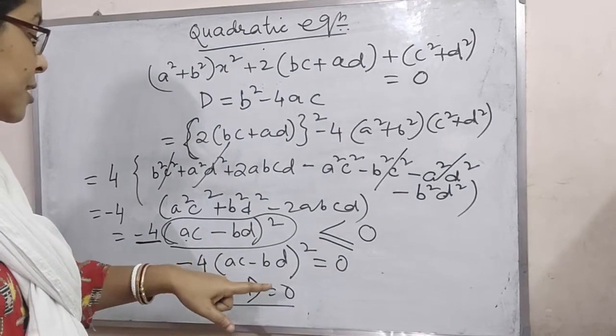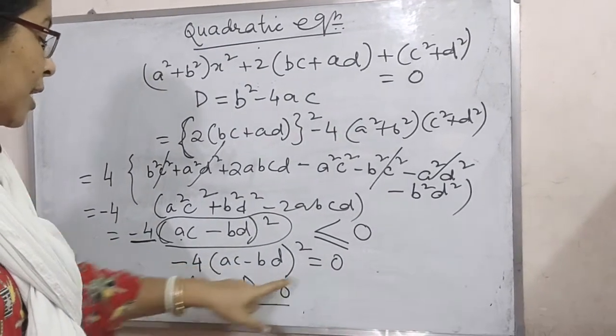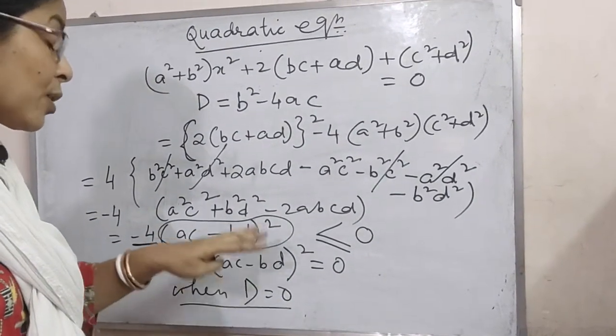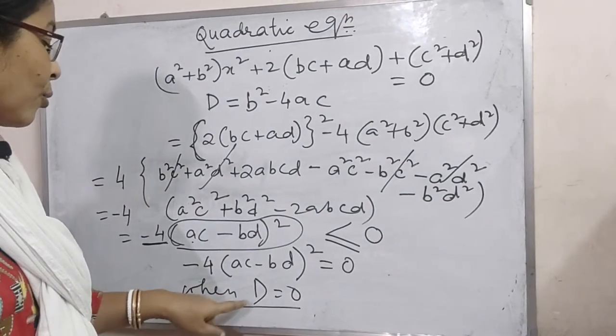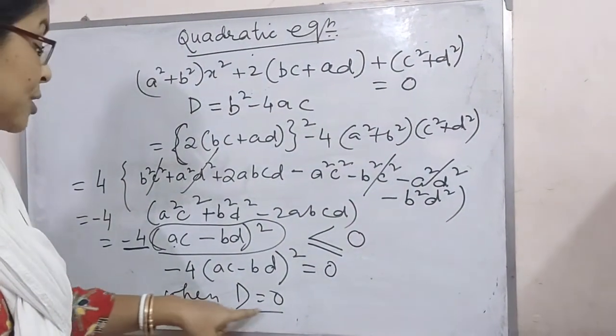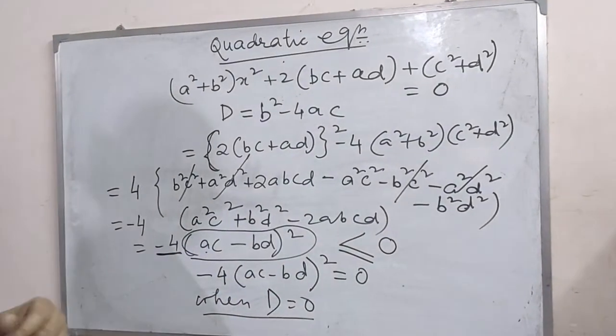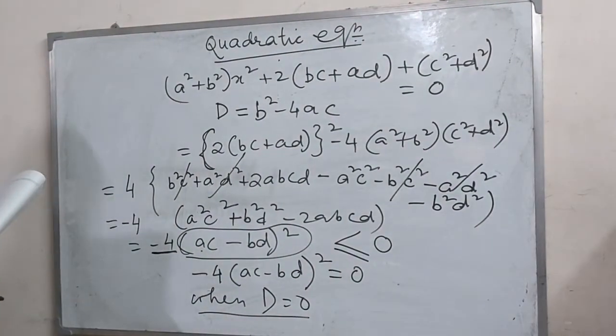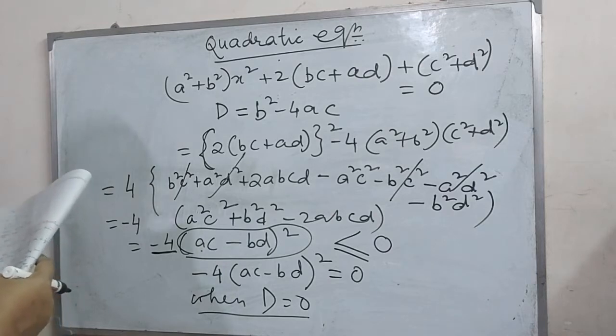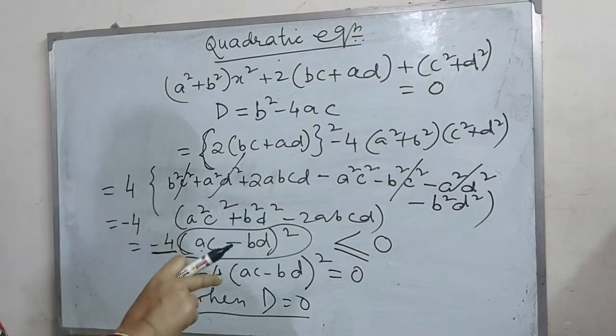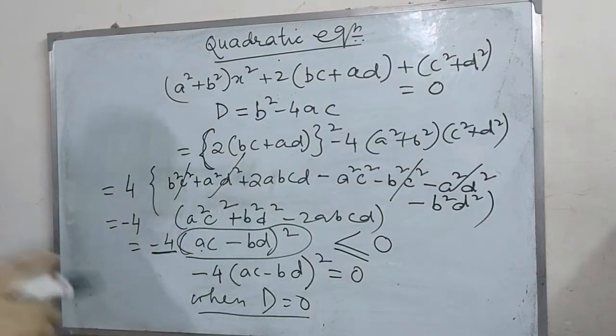For real roots, this equals 0, which is possible when D = 0. That means when D = 0, this portion equals 0. Therefore the roots are real when D = 0. That is the answer.